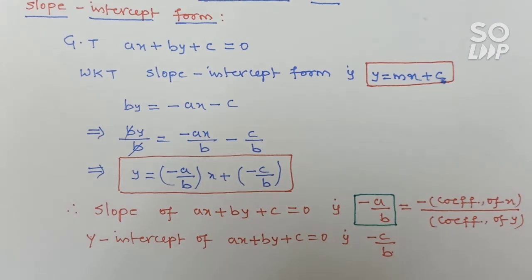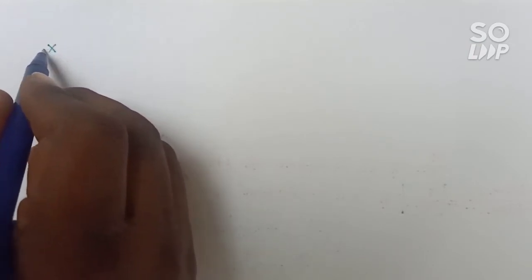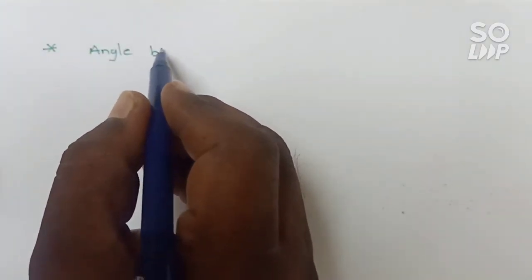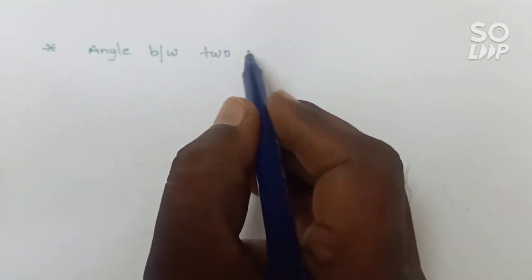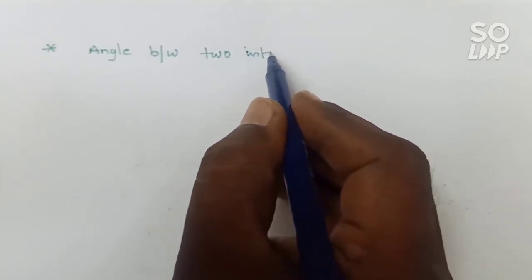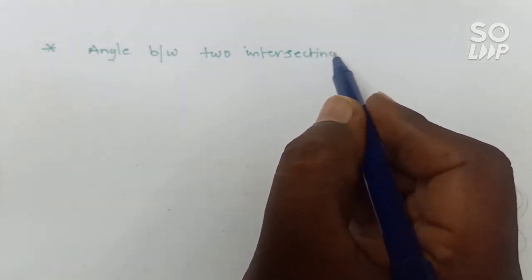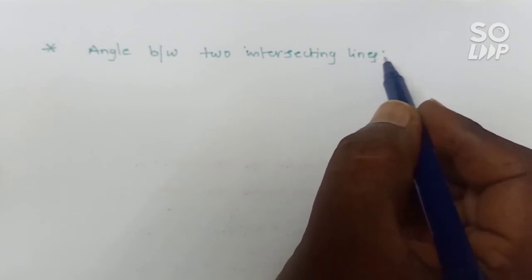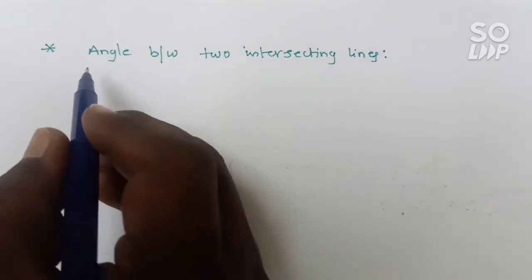Right, next concept: the angle between two intersecting lines.